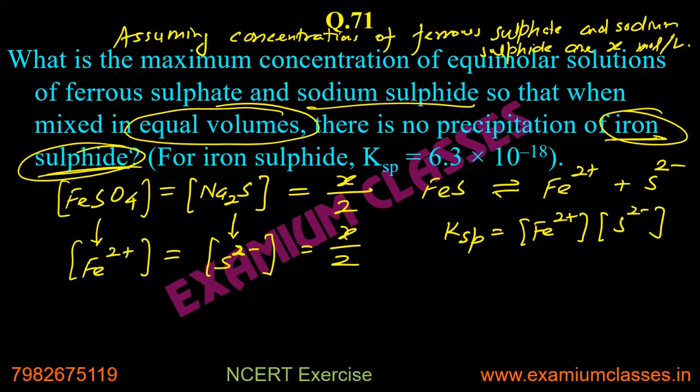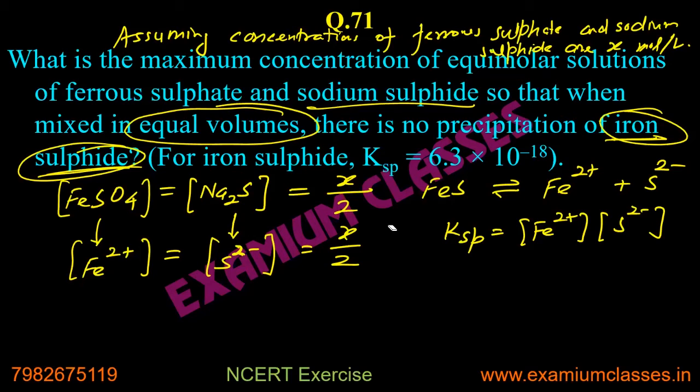Now, how in this case can we calculate whether precipitation will take place or not? I'm going to do the same thing, but slightly different. I'll calculate the value of x in this case, and then I'll prove whether precipitation will take place or not.